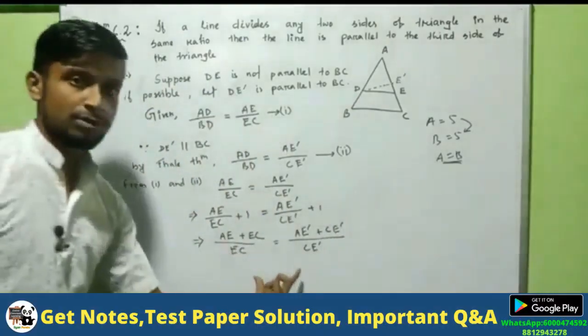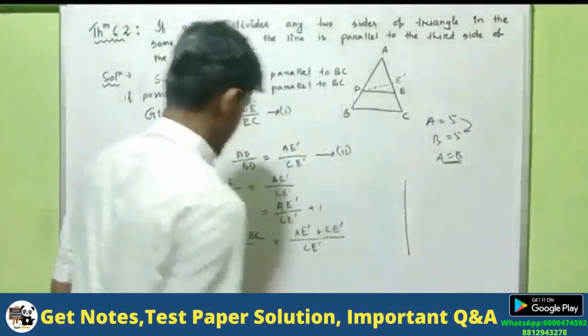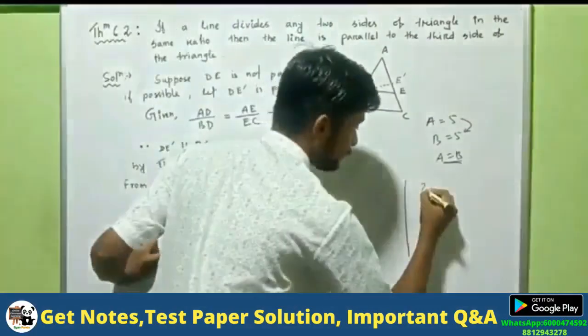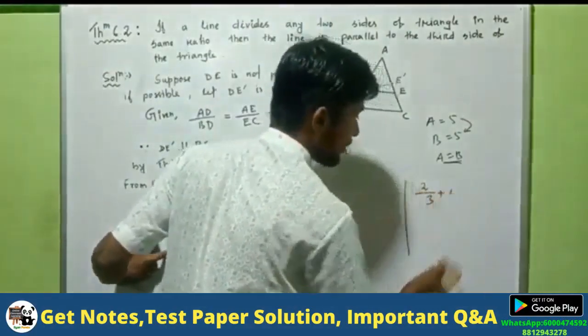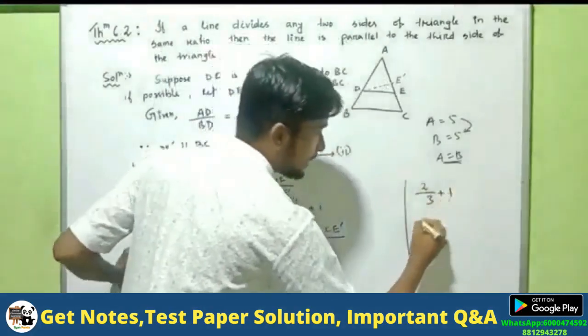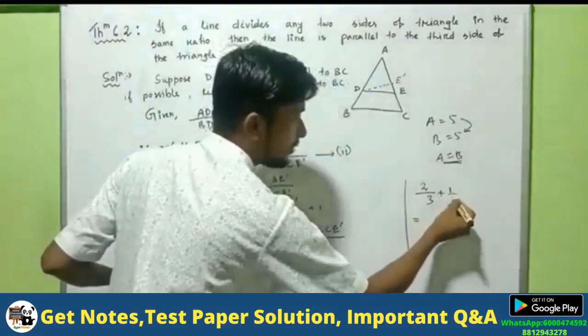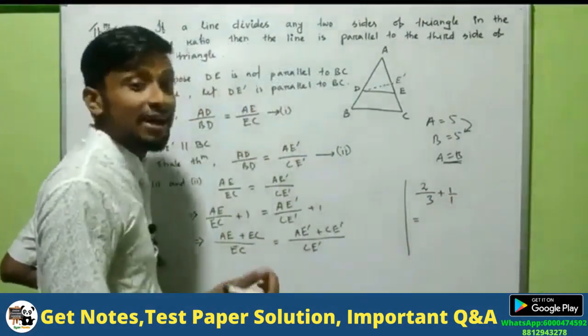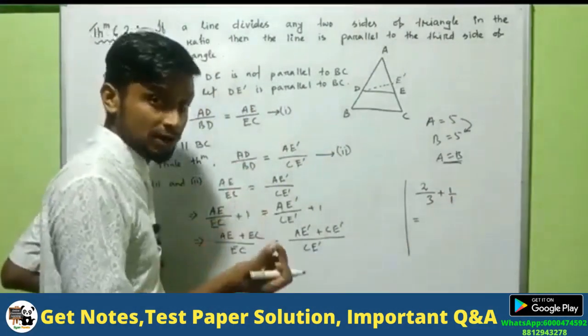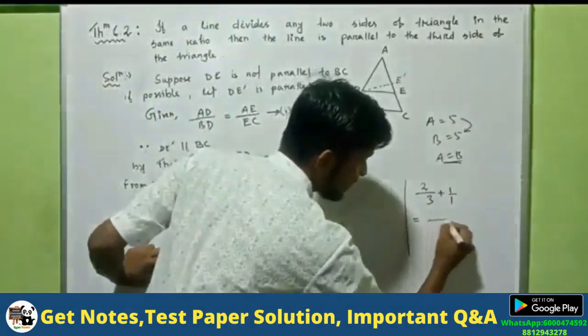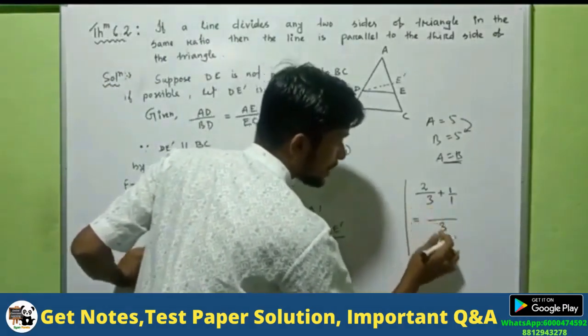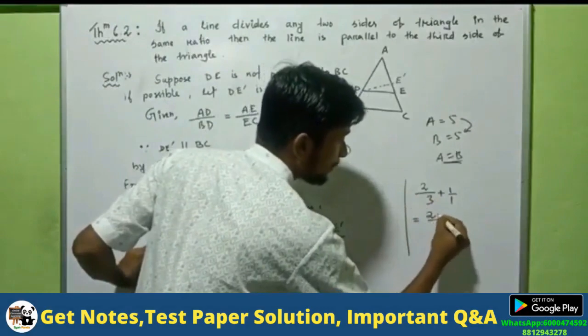Okay, do you have any problem on this? Let me give one example. Okay, suppose 2 by 3 plus 1. What is 2 by 3 plus 1? If we take LCM of 3 and here in the denominator, what we can consider? Here we have 1, right? So what will be the LCM? LCM is 1. 3 1s are 3, 1 2s are 2.